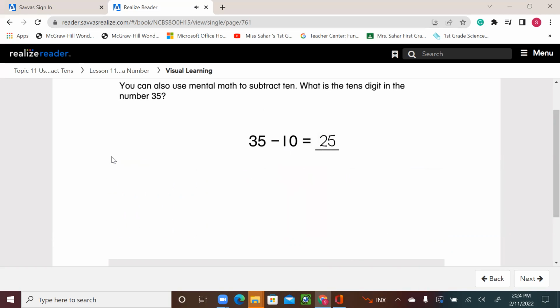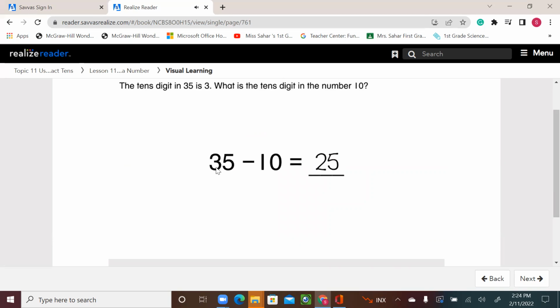You can also use mental math to subtract 10. What is the tens digit in the number 35? The tens digit in 35 is 3. What is the tens digit in the number 10? The tens digit in 10 is 1.